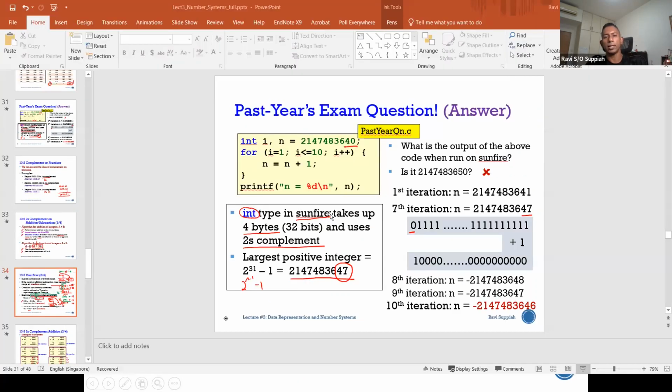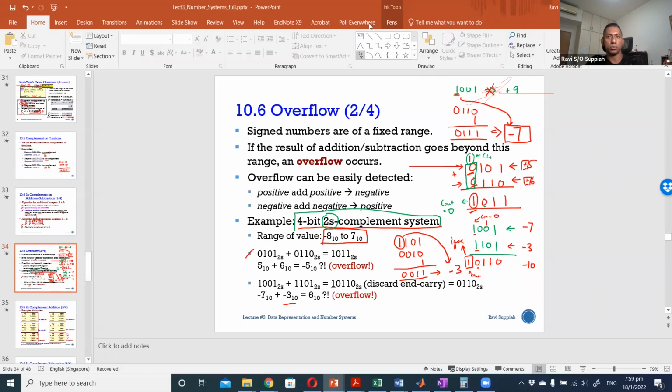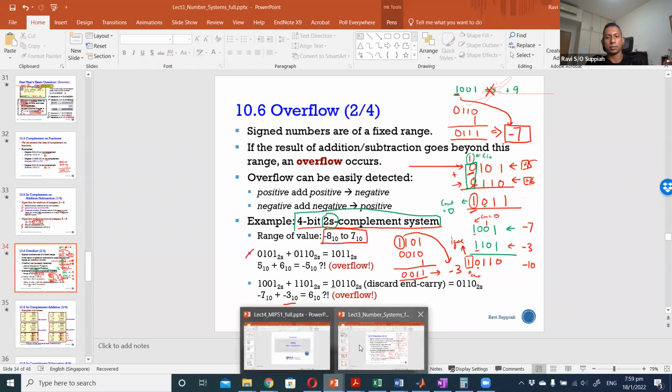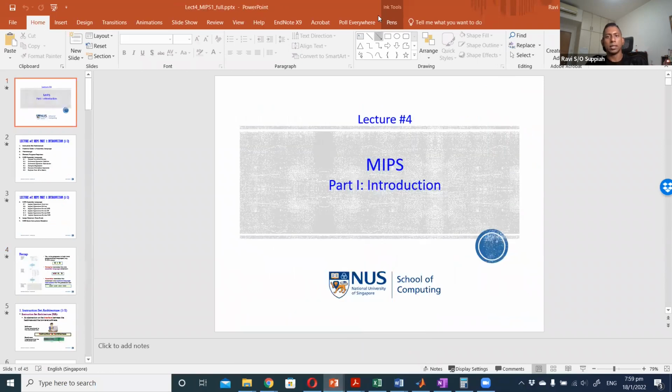So that is where the two's complement and the negative representation comes in. Hope that clears up any doubts that you have.